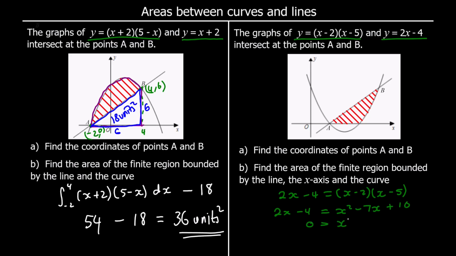Make it equal to 0. So we've got x squared minus 9x plus 14. So it's 7 and 2, both negative. x minus 2, x minus 7. So x is 2 and 7.